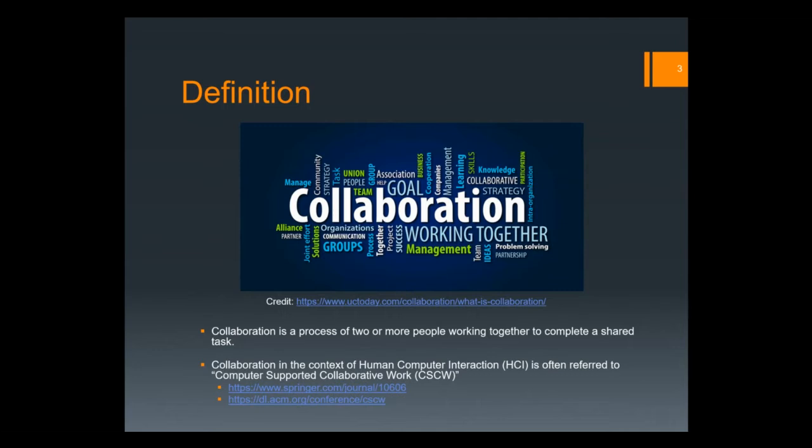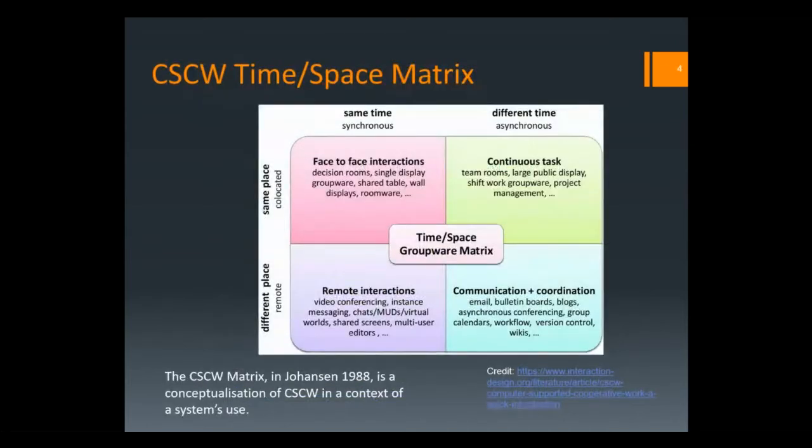In the context of our field, human-computer interaction, it often refers to computer-supported collaborative work. Of course, our area will have a computer with it, it's not just pen and paper. Pen and paper would be a collaboration too, but in our field you need to have computer support. So in CSCW, we support the working environments.